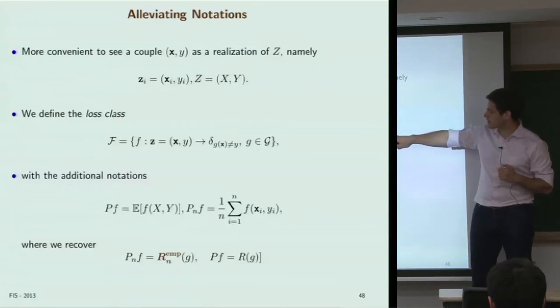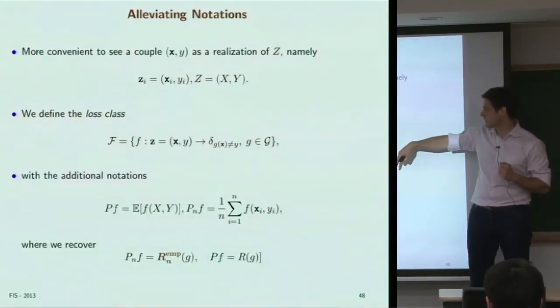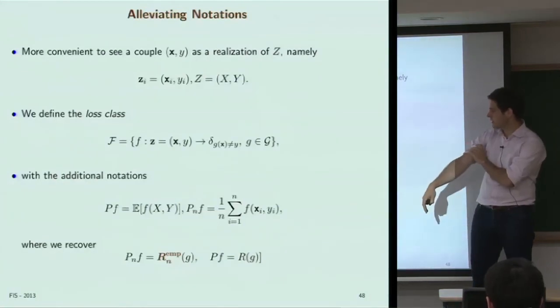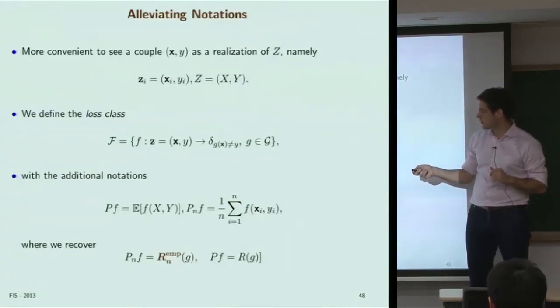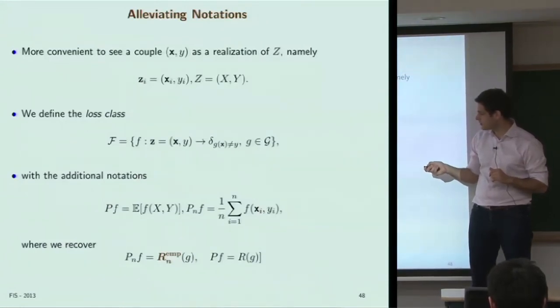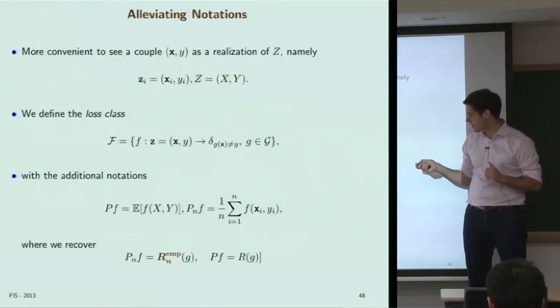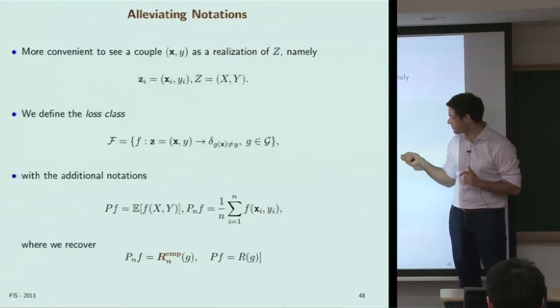Because we are only considering the binary classification case, and the only thing that matters is the loss of binary classification, and the loss that we are using is the binary loss, the 0-1 loss, we will consider a set of functions called the loss class, which to a couple z = (x, y) just gives the value 1 or 0, whether g of x is equal to y or not, for all possible functions g.